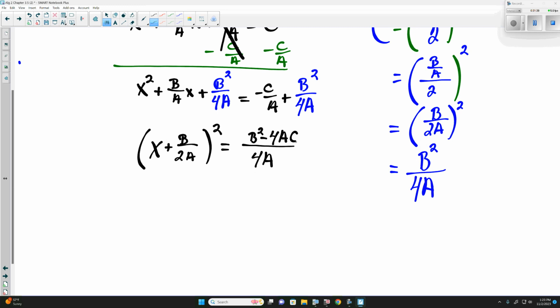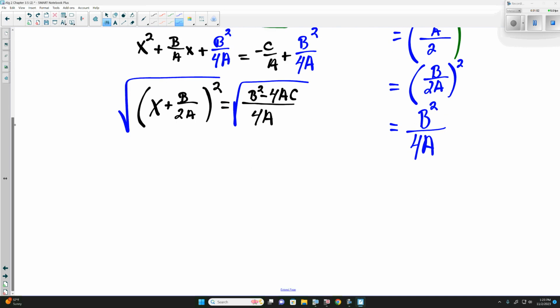I'm not going to go through the whole process, since that's just adding and subtracting fractions. Take the square root of both sides, and these would cancel, telling us x plus b over 2a is equal to plus or minus. The denominator, 4a squared, is going to simplify to 2a.